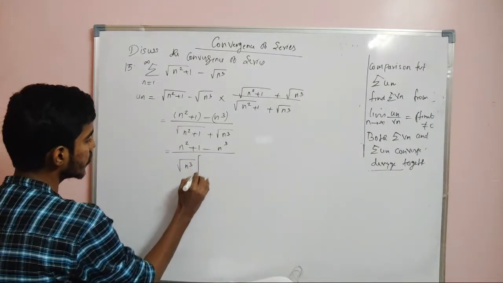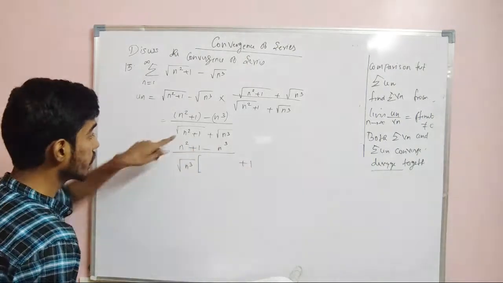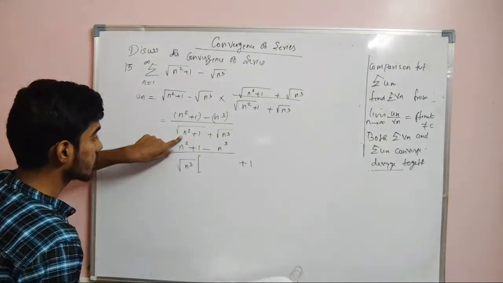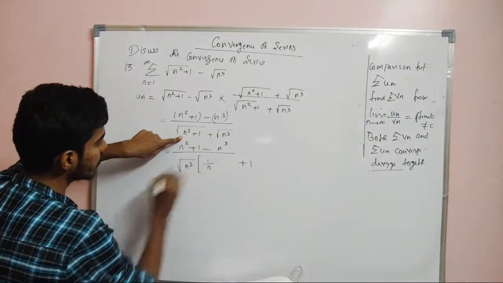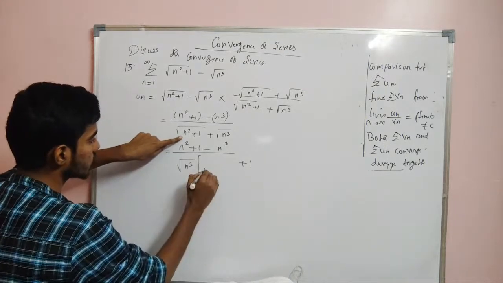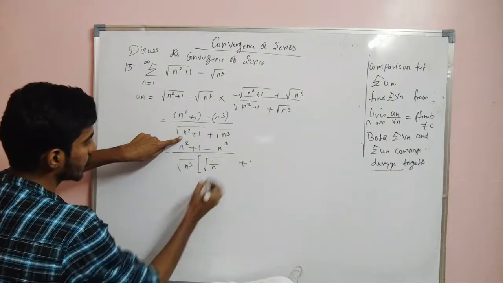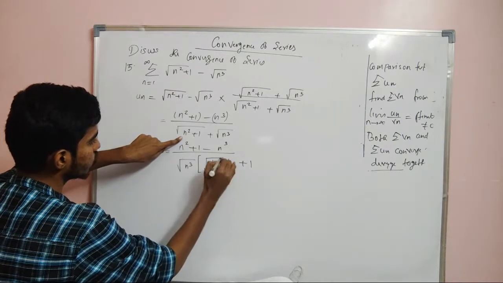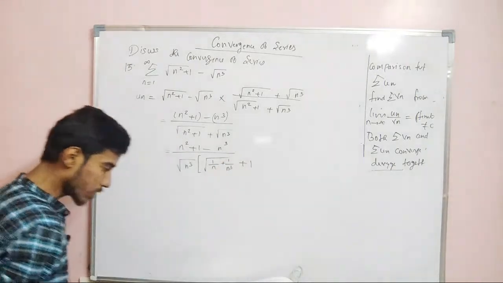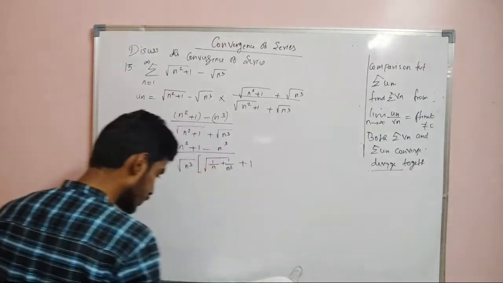Then this term will be 1, and here we have only n square, so we will have square root of 1 by n plus 1 by n cube.